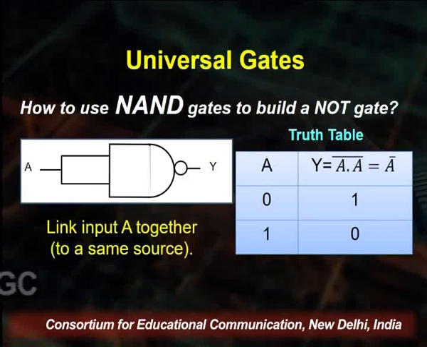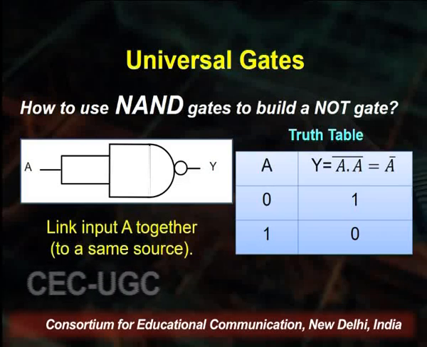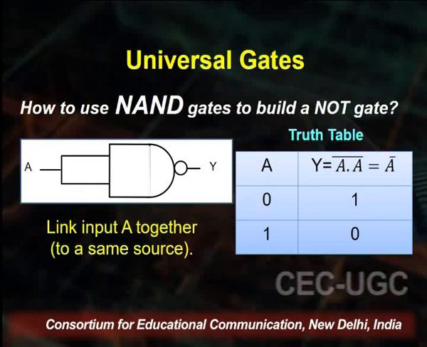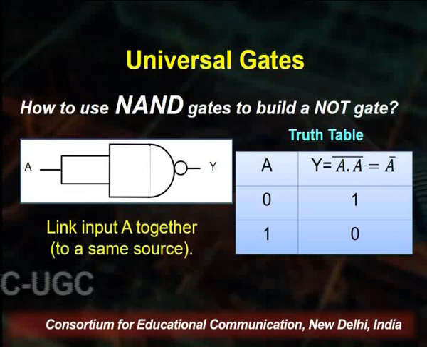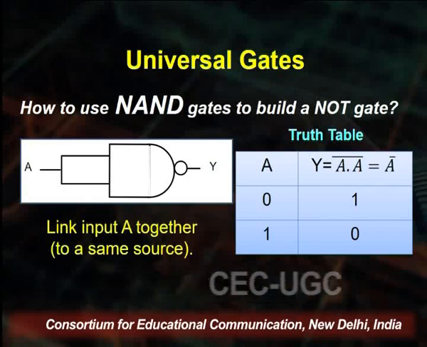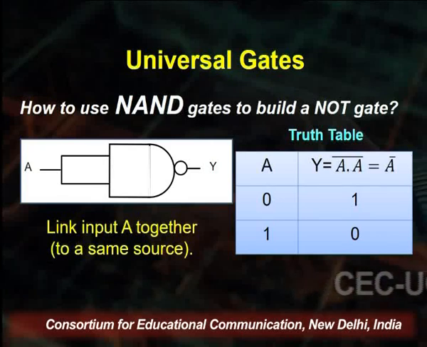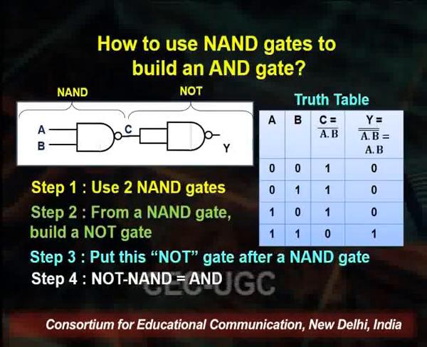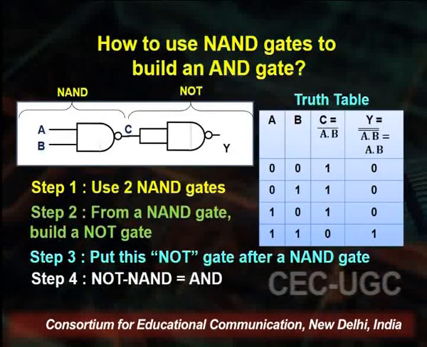So, therefore, the NAND gate behaves as a NOT gate, and it is very easy to realize that if we fix this NOT gate, configured as a NOT gate, in front of the NAND gate, then NOT of NAND would give us the AND gate, and that is what we can see from this figure.